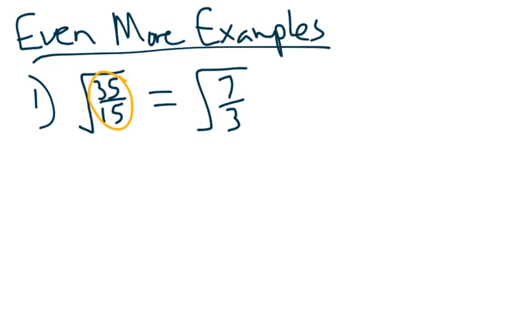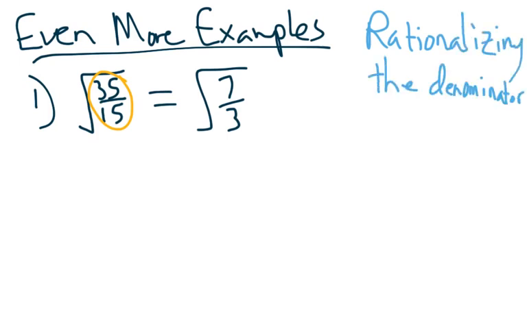Now, we're coming across a really important phrase, and it's a bit of a tedious task, a fair warning with that, and it's called rationalizing the denominator. What that means is we want to get rid of the square root, the radical in the denominator. So we can use the rule where I break up the numerator and the denominator like that.